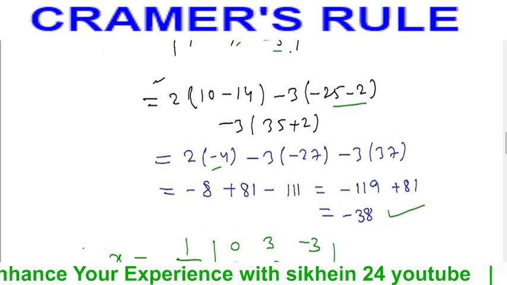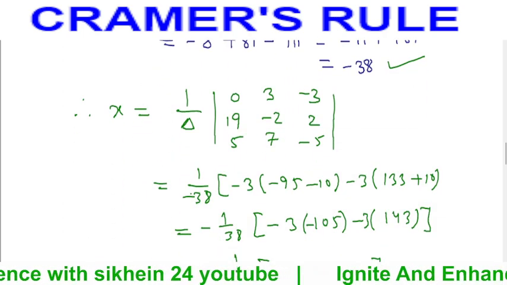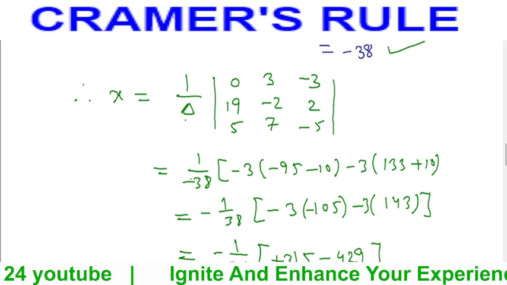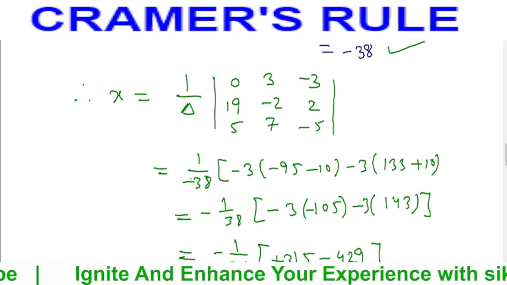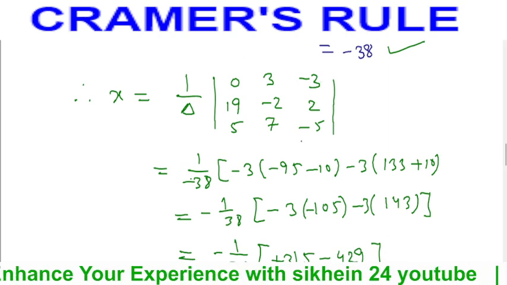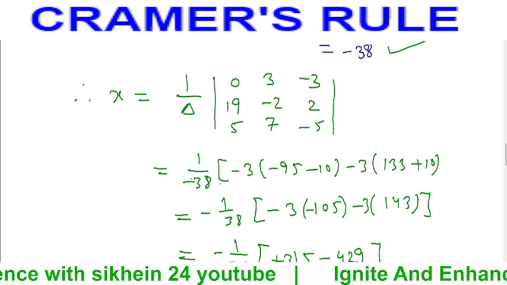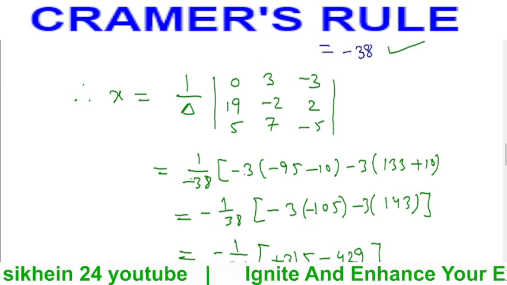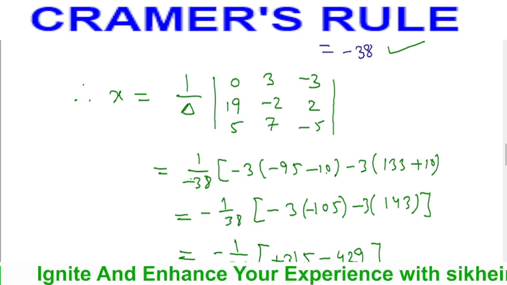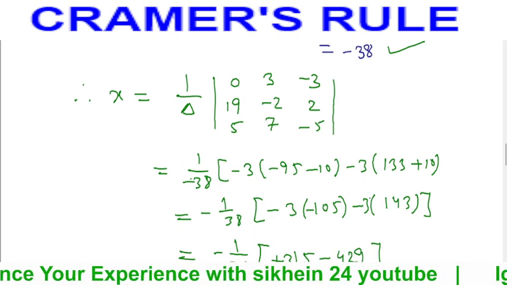Now let's start to apply the formula which we have derived. So for x we can write 1 by the determinant, and the determinant 0, 19, 5; 3, minus 2, 7; minus 3, 2, minus 5. We can write 1 by negative 38, and in the big bracket we write negative 3 here, negative 95 plus negative 10. What we get, you can write here and solve it.